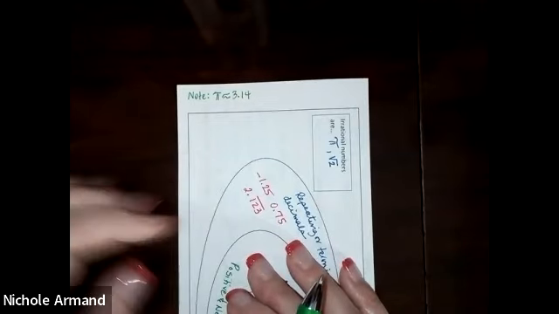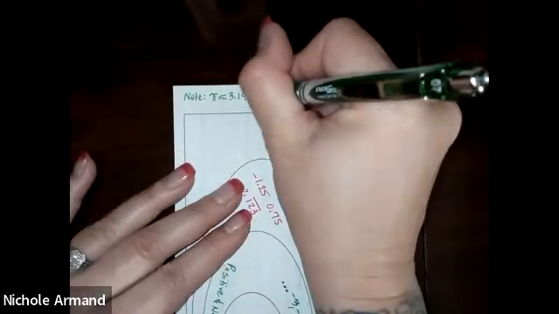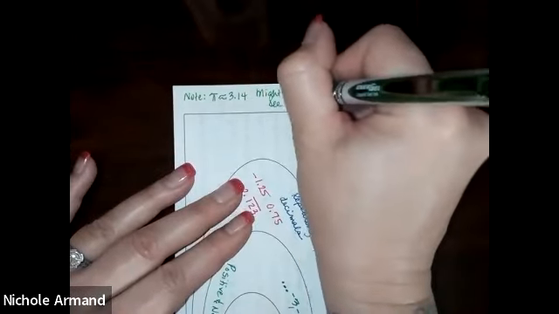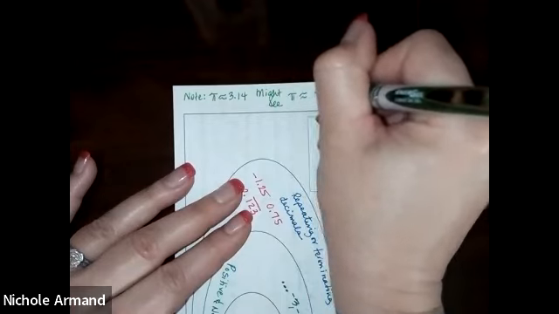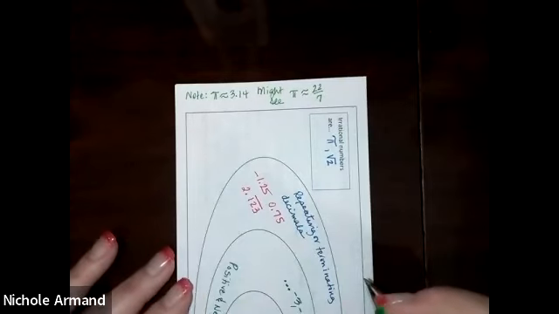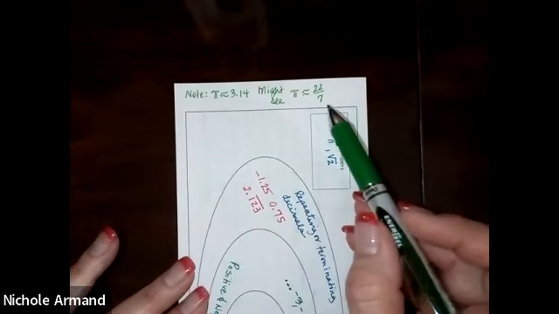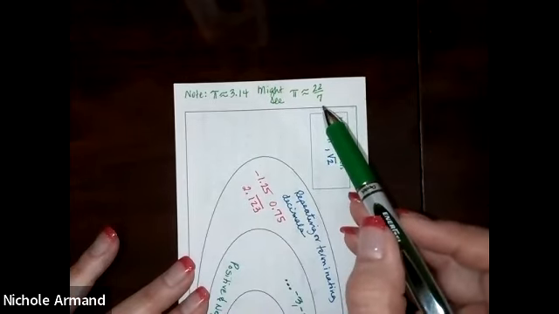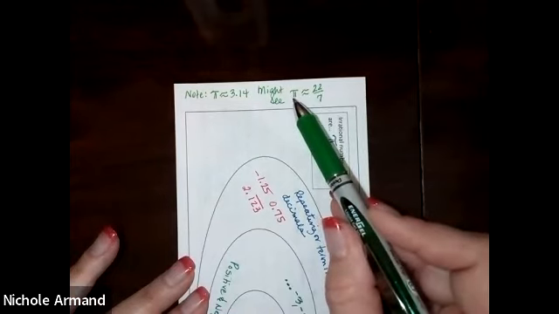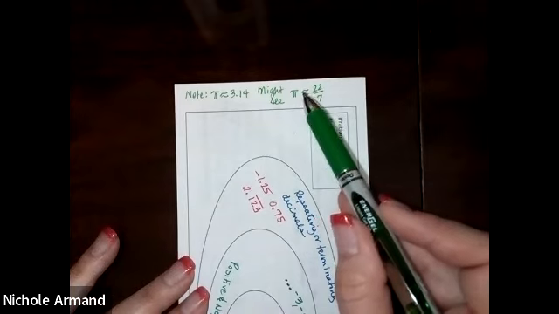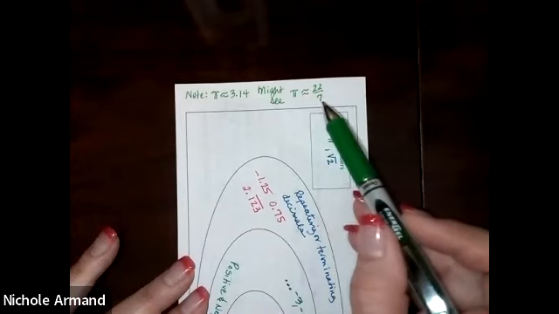You might come across, depending on what grade level, that pi is also approximately 22 divided by 7. I don't like using 22/7 for pi because 22/7 is a rational number and pi is an irrational number. So that's why I wrote this little equal sign with the kind of swirly lines to mean an approximation.